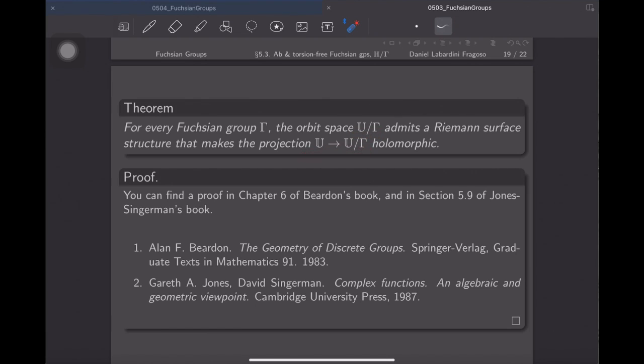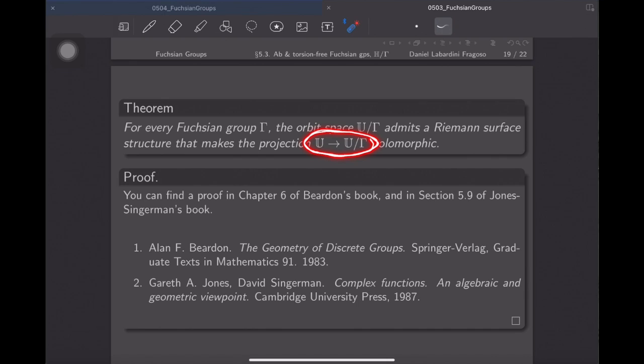And just a word about when gamma is torsion free: the proof of this theorem is not very hard, because if it's torsion free, then we know that the corresponding action of gamma on U is properly discontinuous in the strong sense. Hence, this is a covering map.